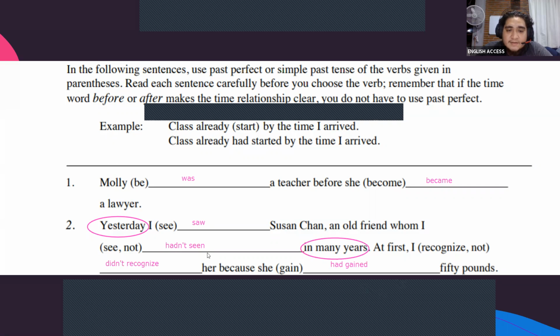We're giving a reason. Remember that we can use the past perfect to give a reason. We have here the keyword because, therefore we are giving a reason for this action. The reason is this one, had gained 50 pounds, and this is the result. She didn't recognize her. All right.